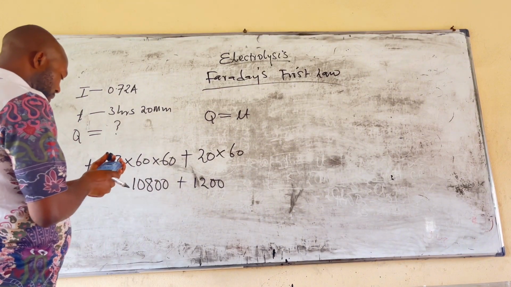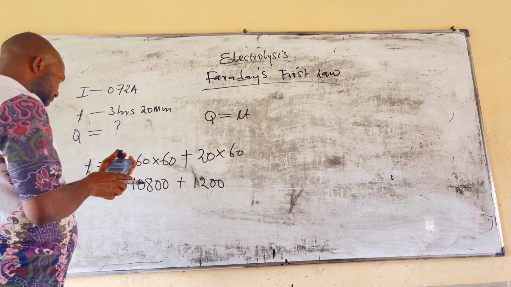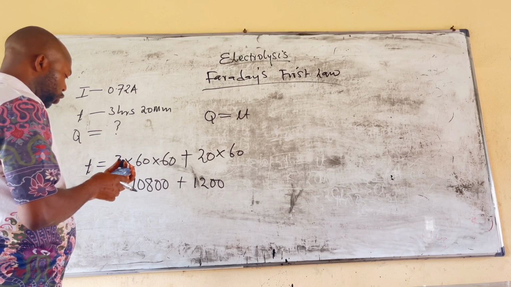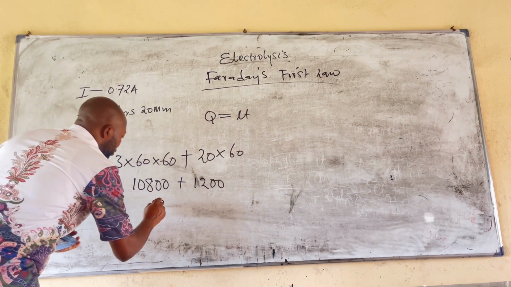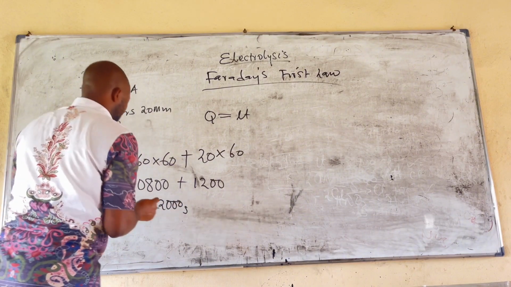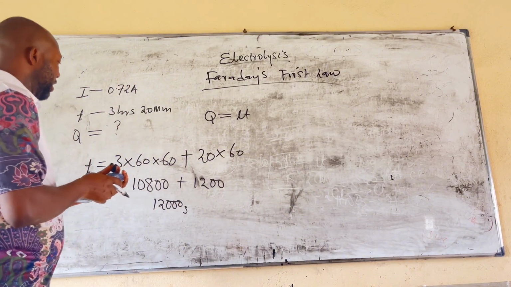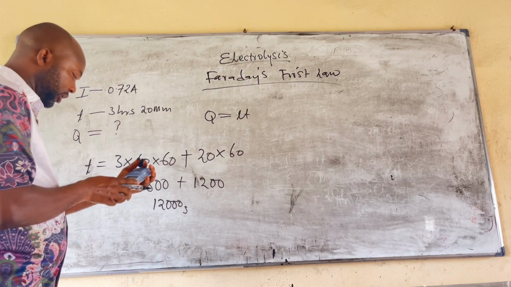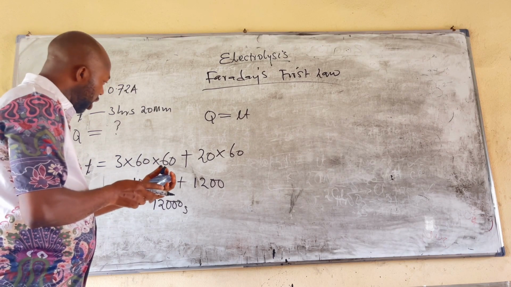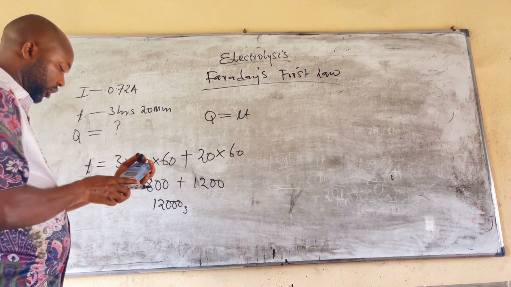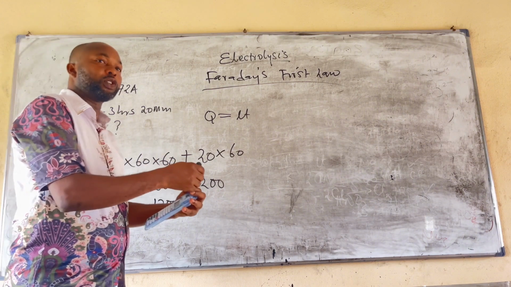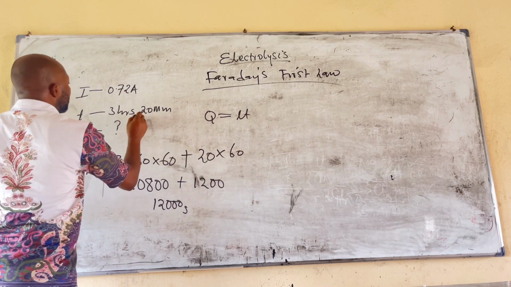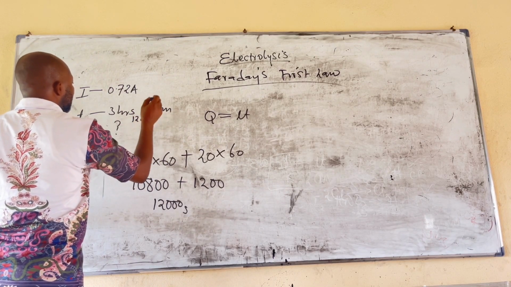Now 1200 plus 10800 will give us 12,000 seconds. I need to be certain again. I have 10,800 plus 1200 is 12,000 seconds. So this is my time. I've converted this into that. So I'll now have 12,000 seconds.